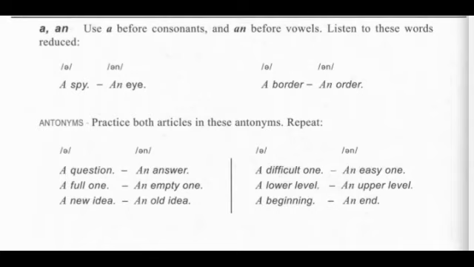More examples: a question, an answer, a full one, an empty one, a new idea. By the way, you can pronounce "new" two ways. It's up to you. One for American, one for British. An old idea, a difficult one, an easy one, a lower level, an upper level, a beginning, an end.